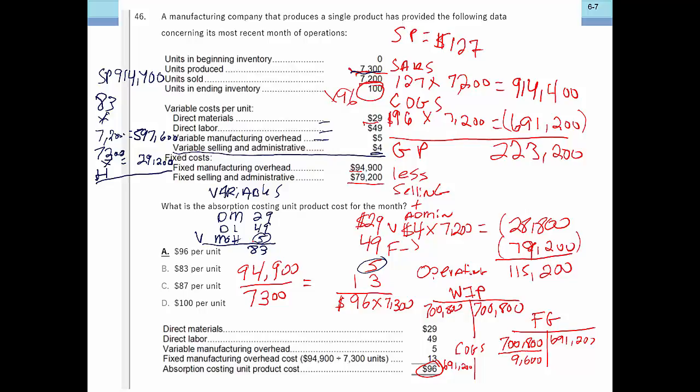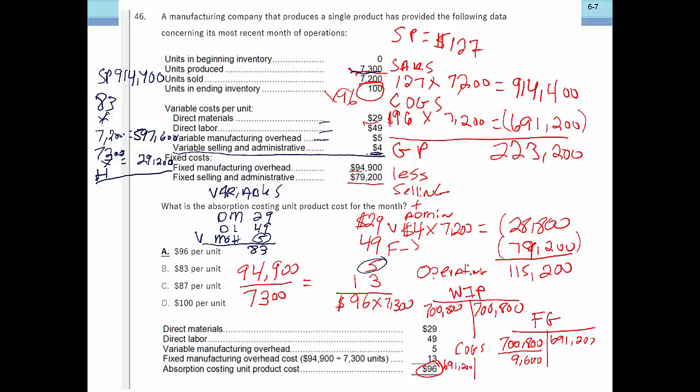And I've got my variable selling and administrative, don't I? I changed it to 7,300. I wrote 72 and then I said I should have put 73.